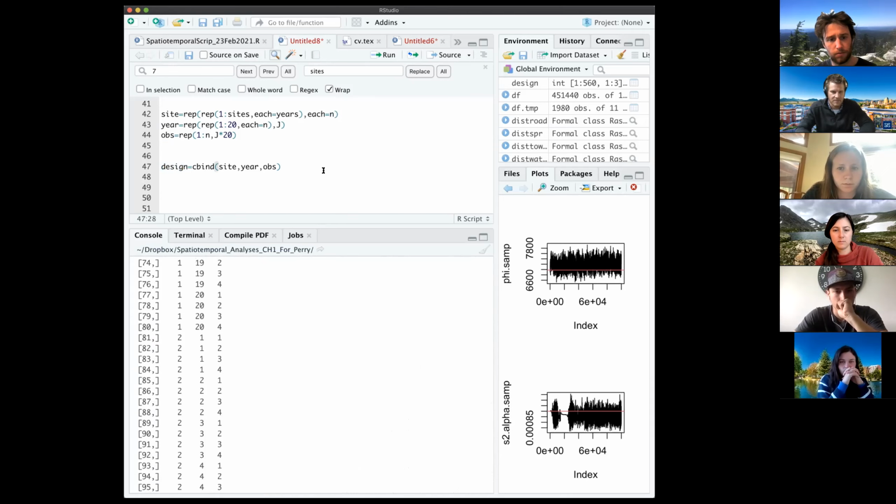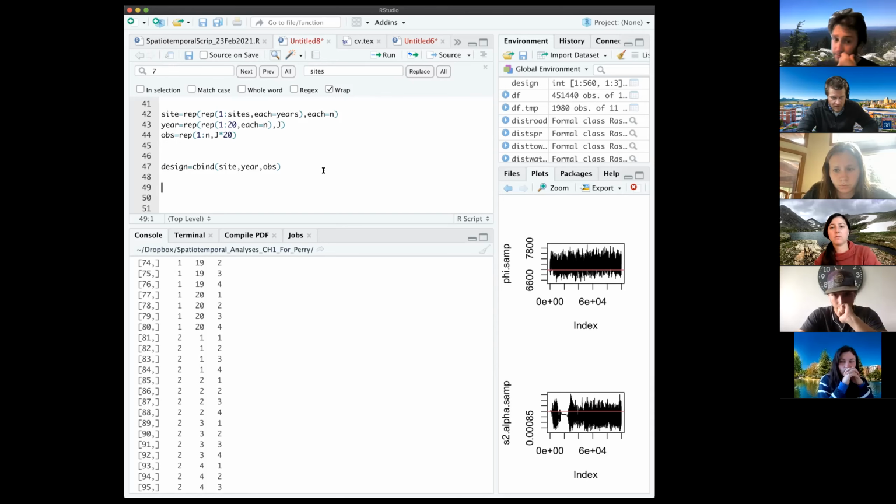Now we just have to simulate some values for that. So to do that, I'll create a design matrix. Let's see, James has to run.